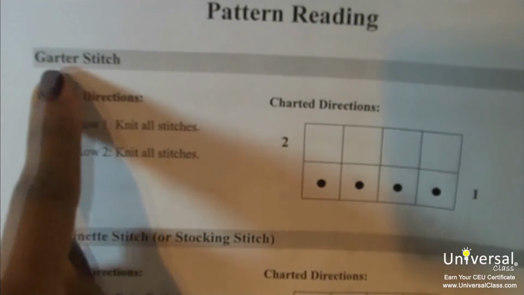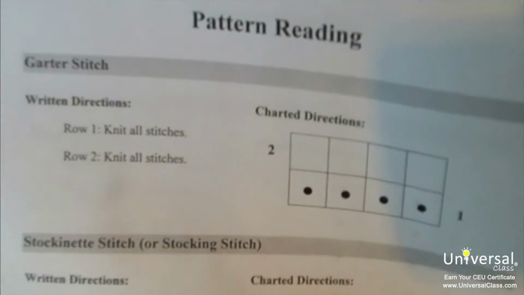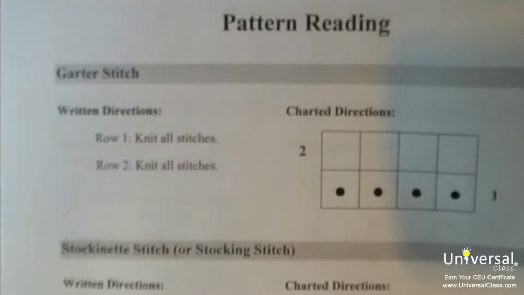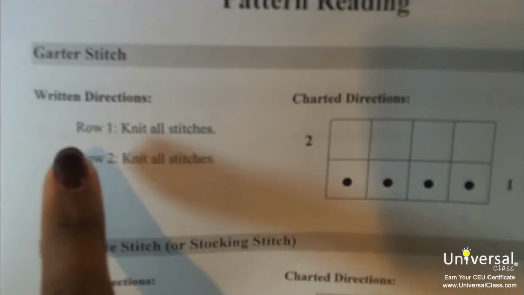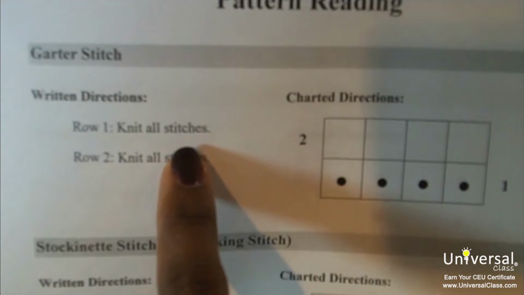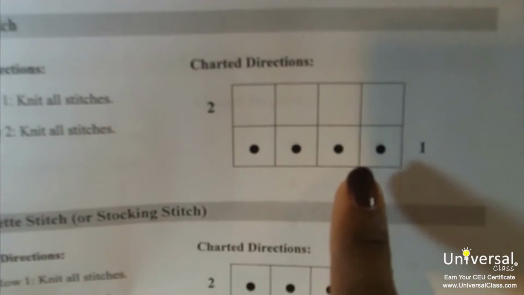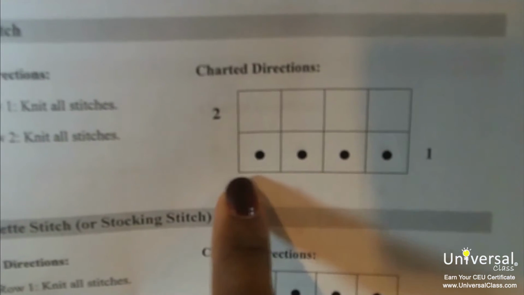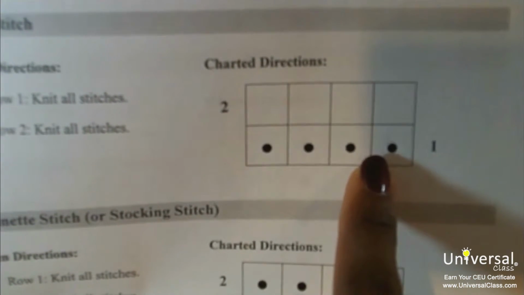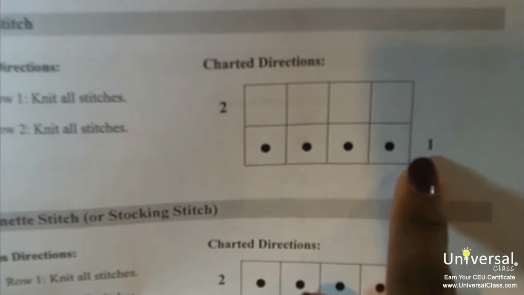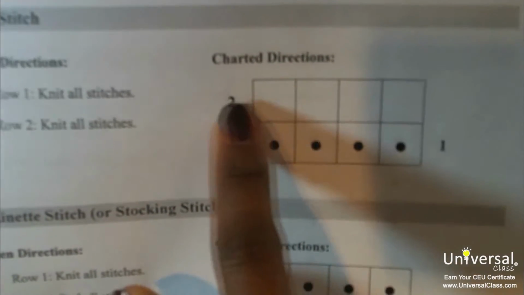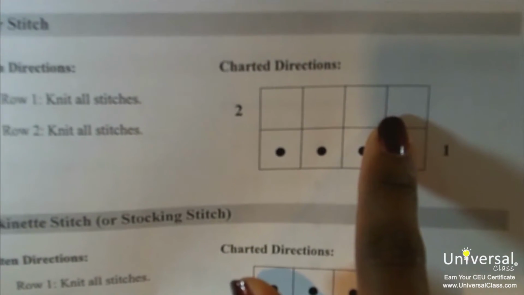For this, which is the garter stitch, which is a very common stitch, and we'll use it in making our basic hat, you'll see that row 1 is knit all stitches, row 2 is knit all stitches. And it is shown here in the chart as having the dots in the open boxes on the first row, and then the second row has empty boxes.